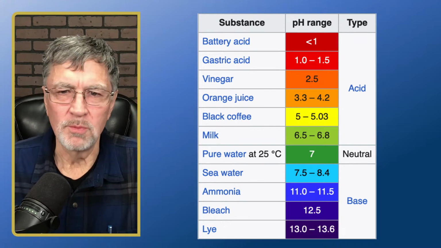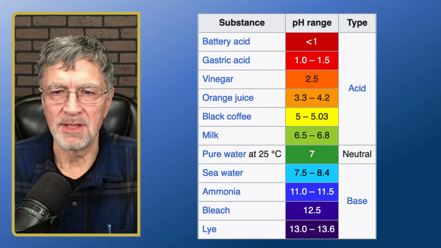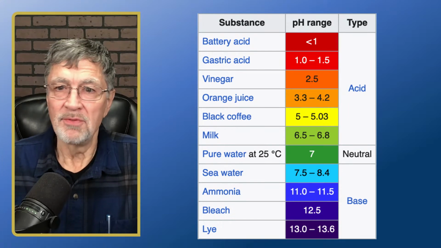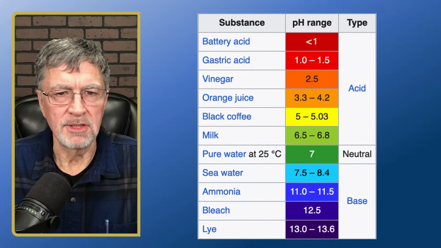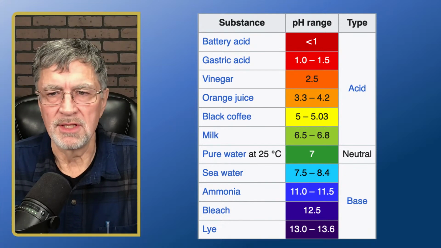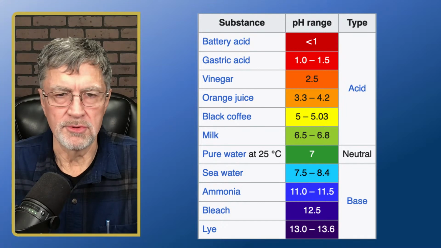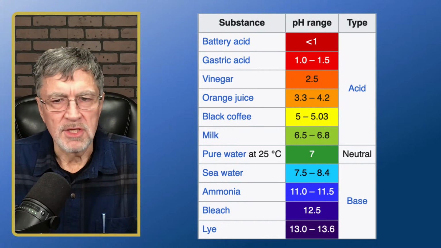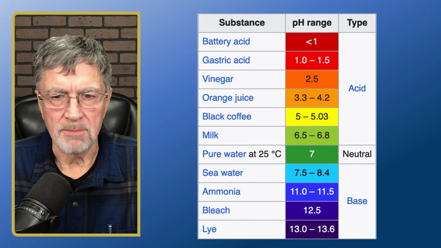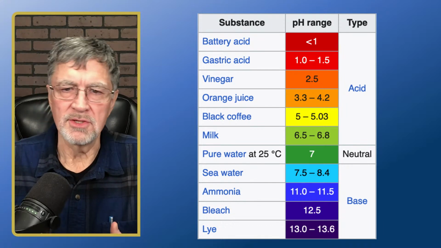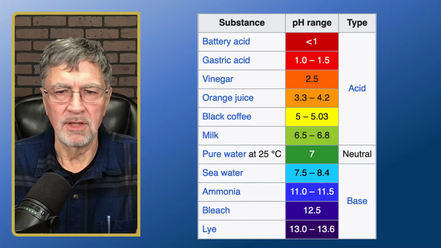Pure distilled water at 25 degrees Celsius, room temperature, is going to be about a pH of 7. You're going to have equal hydrogen and hydroxyl ions in there, which is considered neutral. Seawater tends to be a little alkaline, so 7.5 to 8.4. Then we get into things like ammonia, getting up above 11.